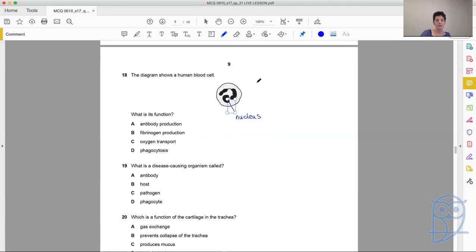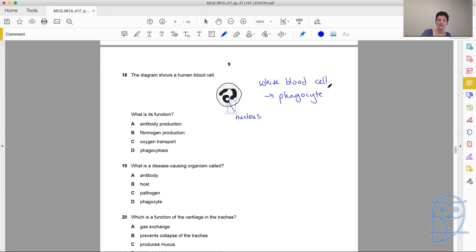So, this must be a white blood cell. It is a particular one. This is your phagocyte. This lobed nucleus is what we call it. And that is your classic thing that tells you that is exactly what that cell is.